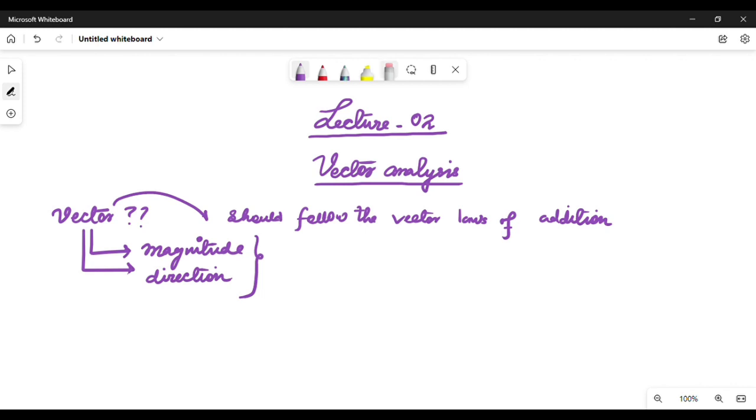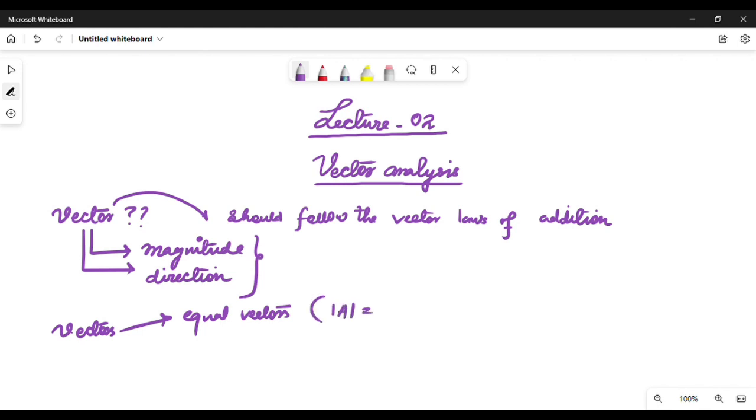Then we shall discuss the different types of vectors. Vectors are of many types, but let me discuss some. There are equal vectors. Equal vectors means the vectors that are equal in magnitude.